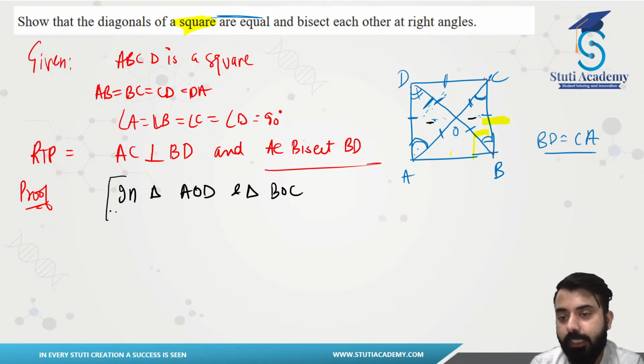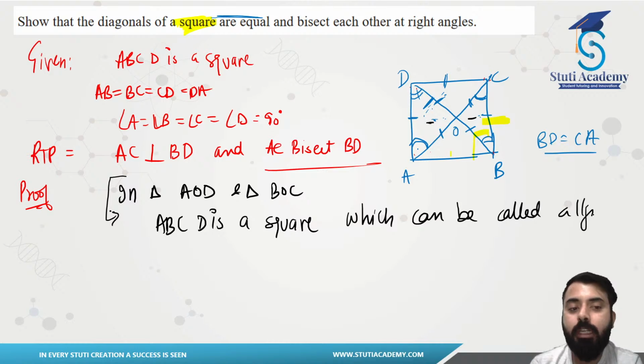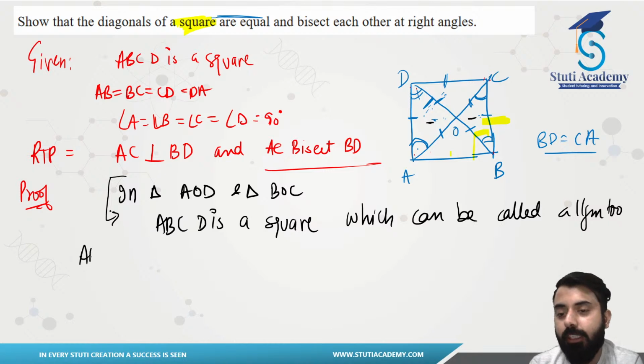See, I know, firstly, before we get to this, let me just write this. I know ABCD is a square, which can be called a parallelogram too. See, square is a type of parallelogram as well. So I can say AD is parallel to BC and AD is equal to BC, right? That is the case.